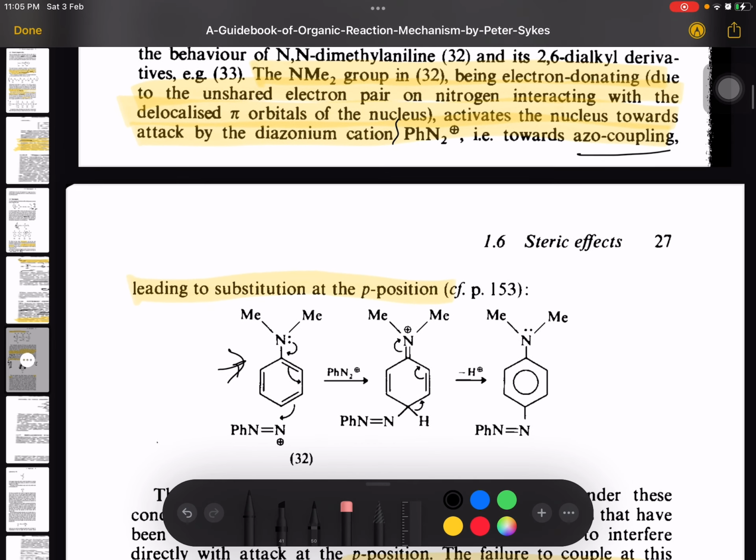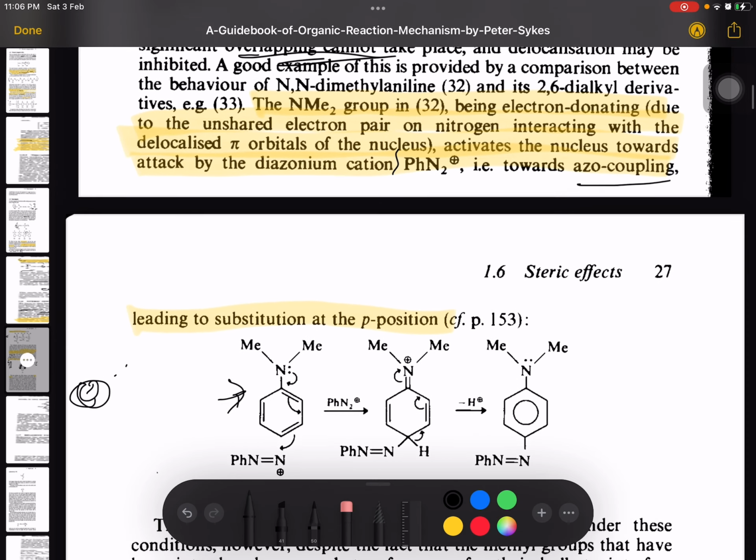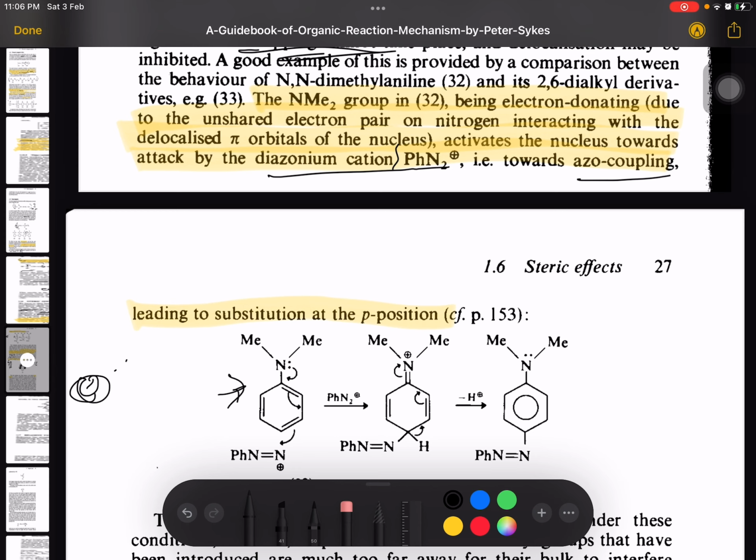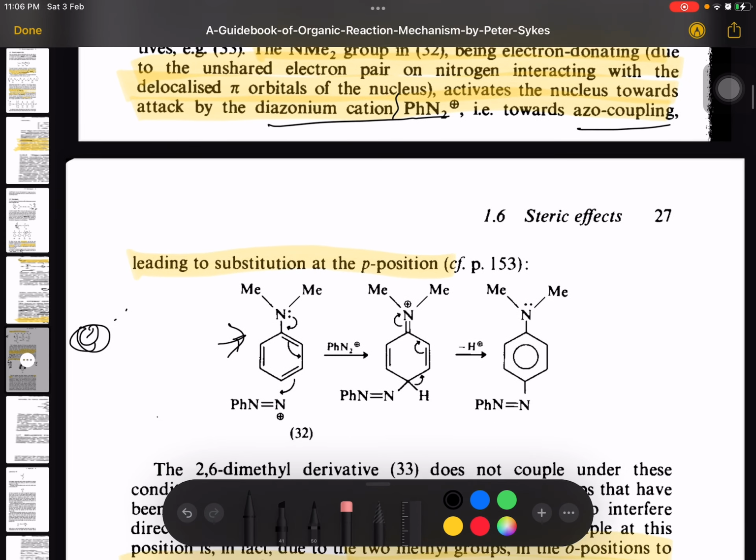Obviously it will be ortho, para activating. As you said, the lone pair will be going in, giving negative charge at ortho and para positions. Here it activates the nucleus towards attack by the diazonium cation, PhN2 plus, at the para position, which is known as azo coupling.